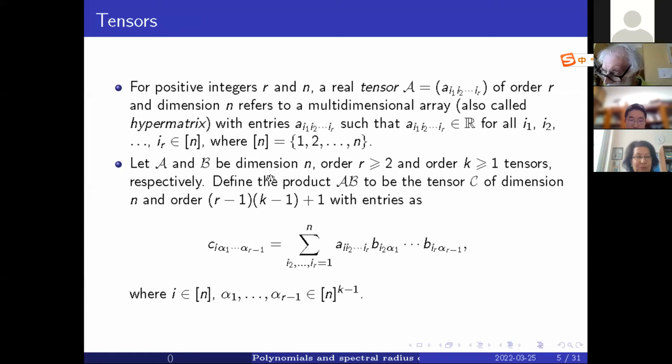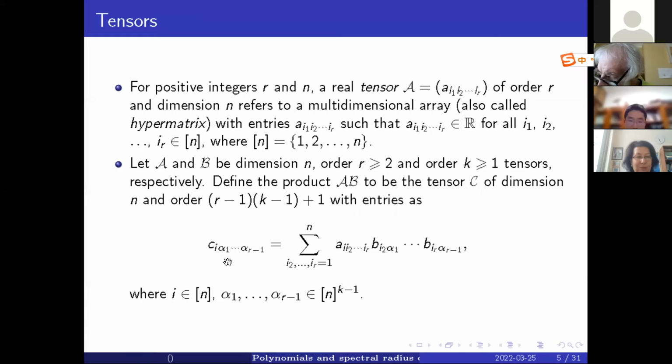Let A and B be tensors of dimension n, with orders r, where r is greater than or equal to 2, and k, where k is greater than or equal to 1. The product of two tensors A and B is defined to be the tensor C of dimension n and order (r minus 1) times (k minus 1) plus 1.